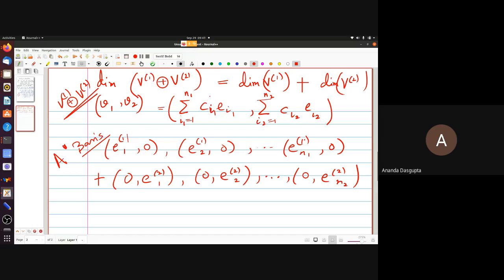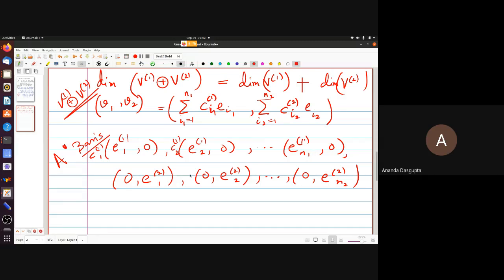Okay, so maybe I will use different notations. I will write C1 and C2 here, because you don't want to confuse the two sets of C's. So you just put in C1 1 here, C1 2 here, and so on. Of course, when you're writing the basis, there is no meaning to this plus, it's just a comma here.